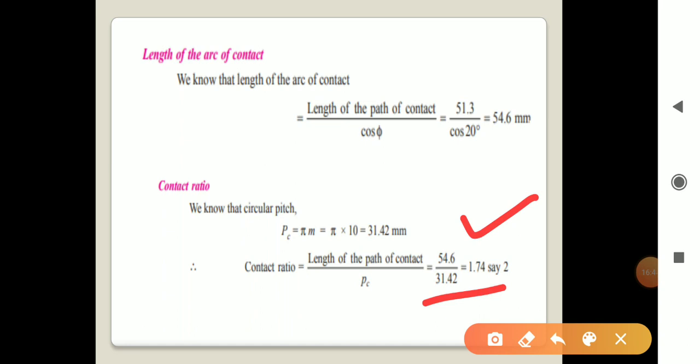That means nearly 2 teeth are meshing with each other. It is not a whole number, it comes to around 1.74, and we cannot take 0.74 of a tooth. So we directly take the value as 2 teeth meshing with each other. So this is our finding.